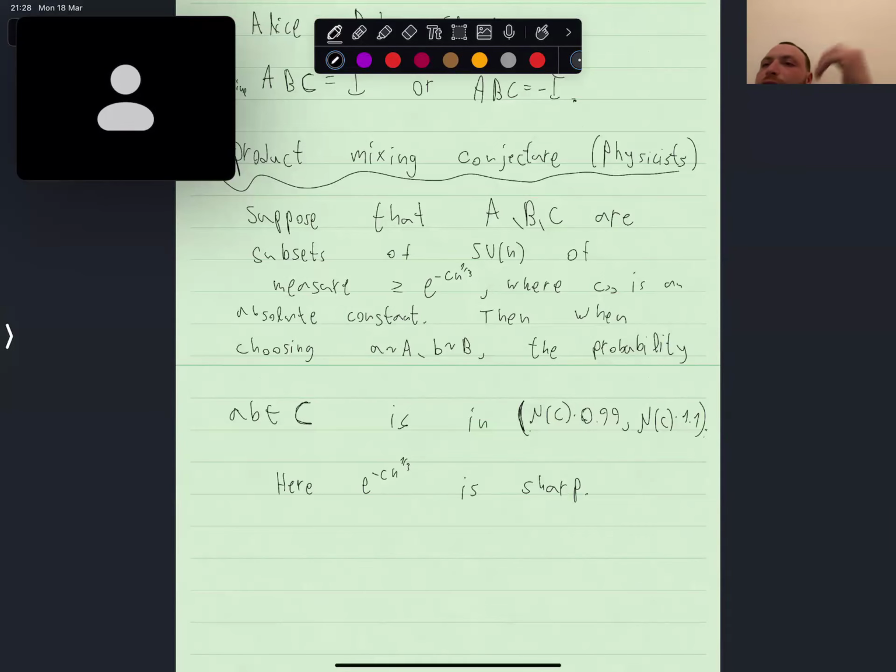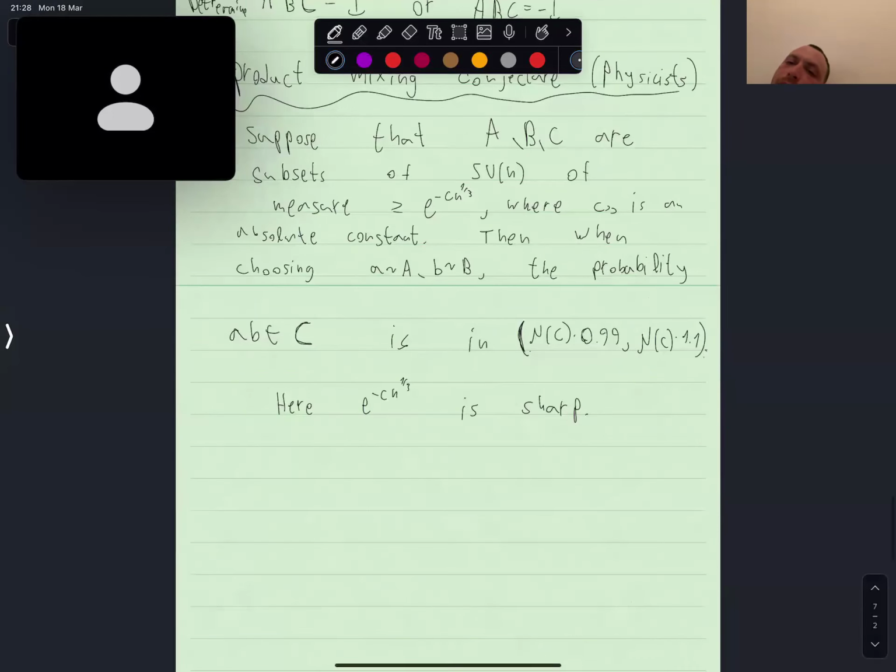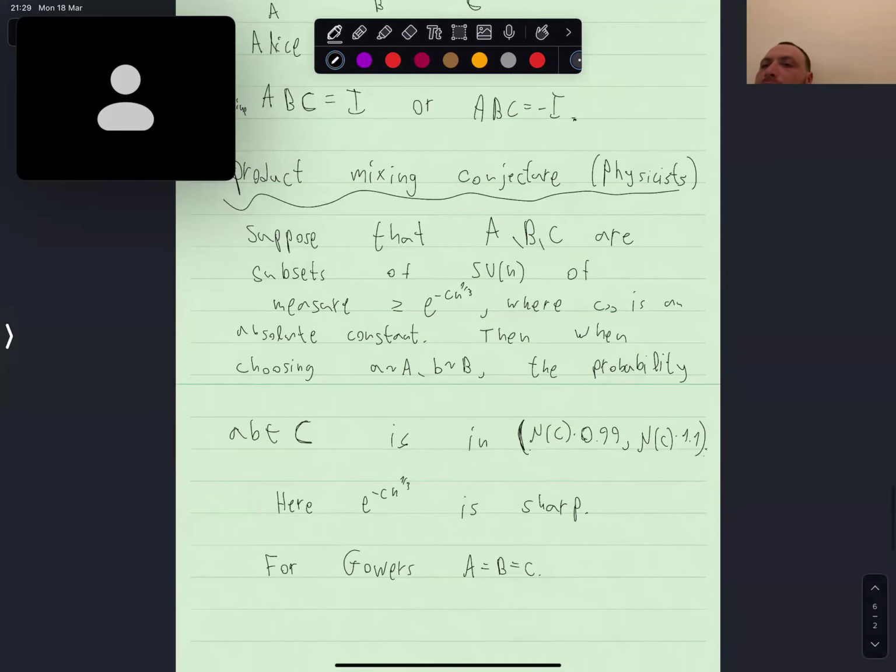And the relation to Gower's problem is that for Gower's, you can take A to be equal to B and equal to C. And then for a product-free set, the probability that AB is in A is 0.